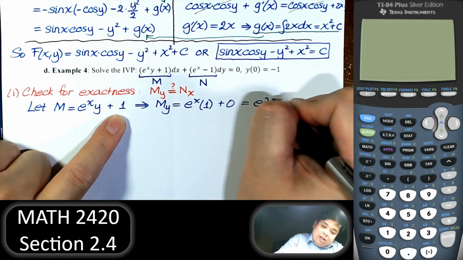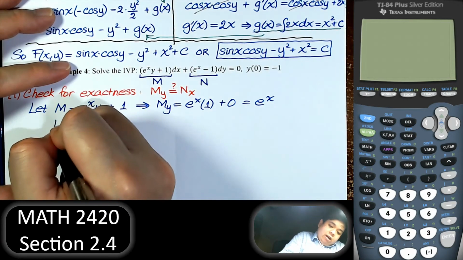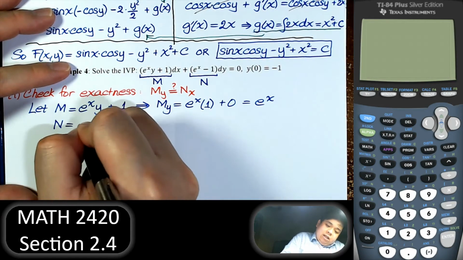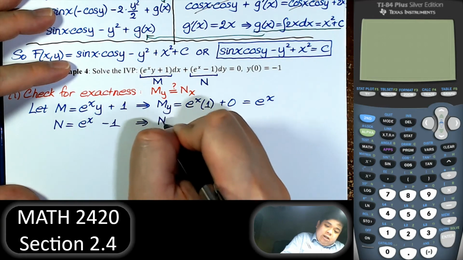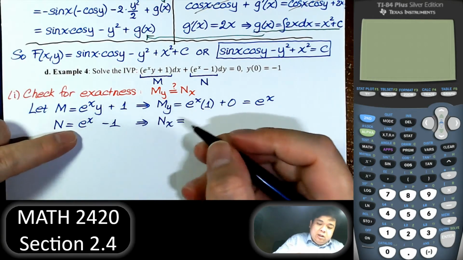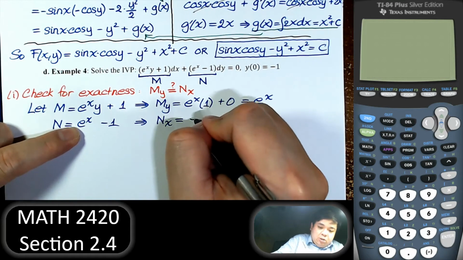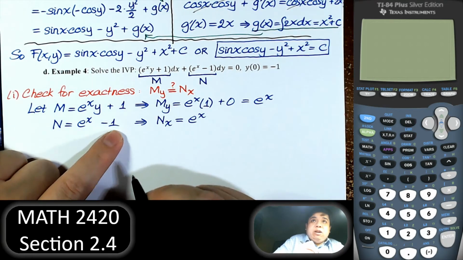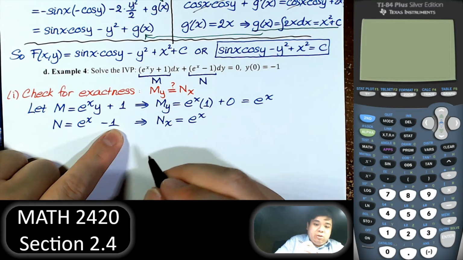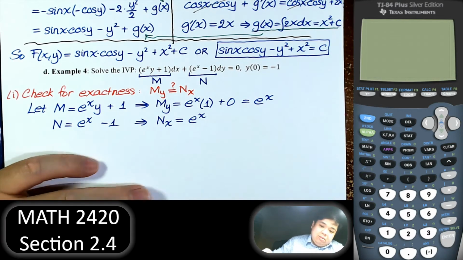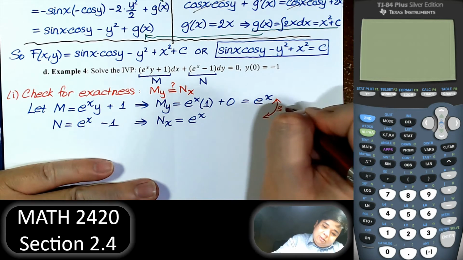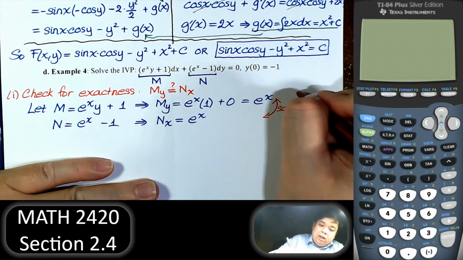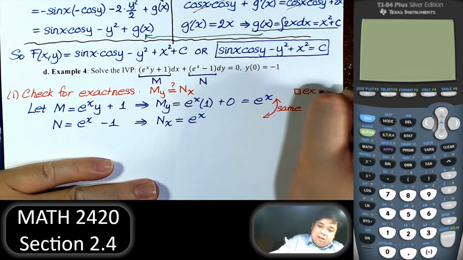So just e to the x. n is e to the x minus 1. So we take the derivative of n with respect to x. The derivative of e to the x is e to the x, and the derivative of the constant 1 is 0. So yes, they are the same. So the equation is exact.